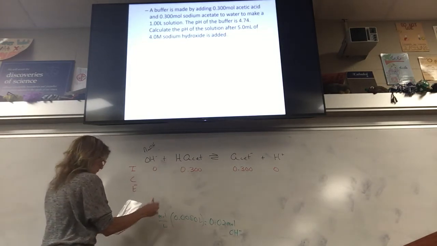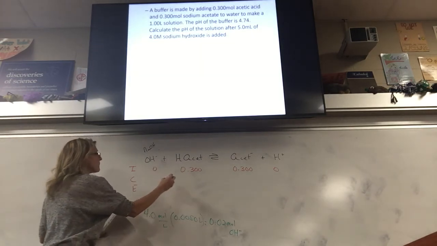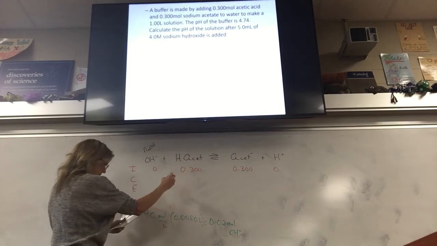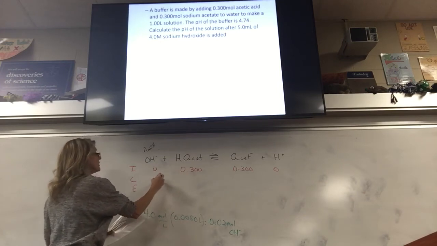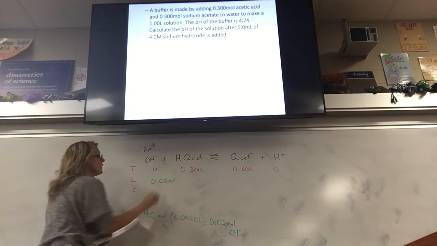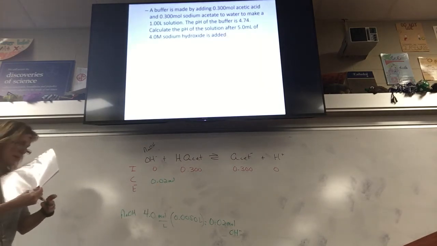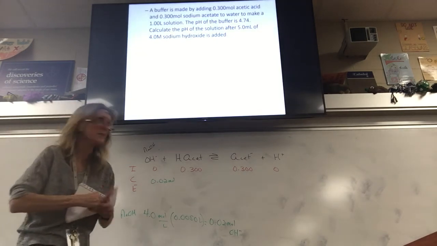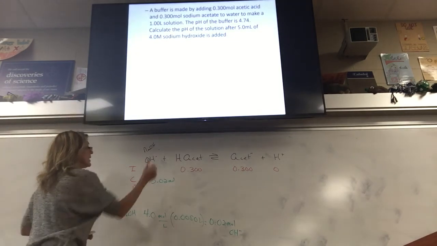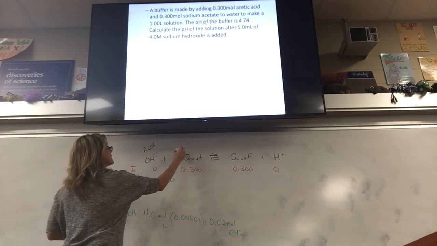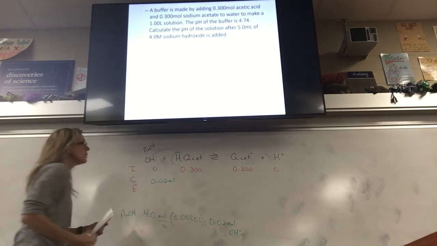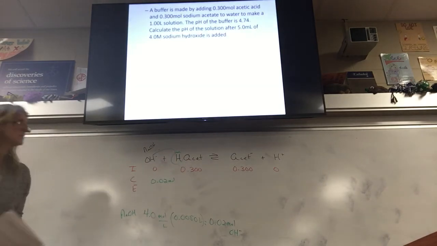So that is our change. We are adding 0.02 moles of hydroxide ion. But as that diagram on the previous page shows, the hydroxide ion is going to react with the hydrogen ion.